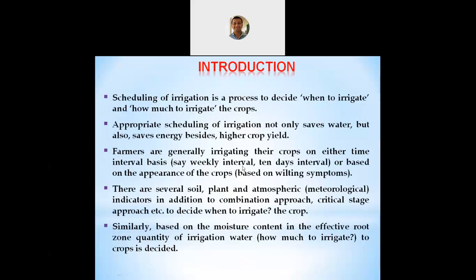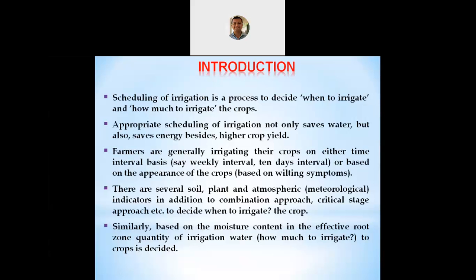Now, farmers in general tend to irrigate either on a time interval basis or based on the physical appearance of the crops. That means farmers generally irrigate their crop on a specified time pattern, or based on their experience of the growth stages of the crops.